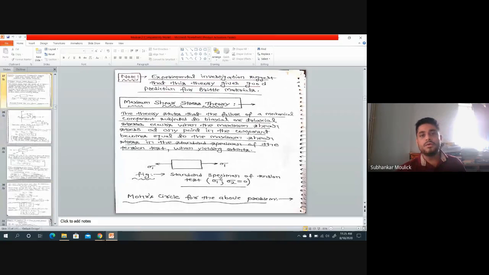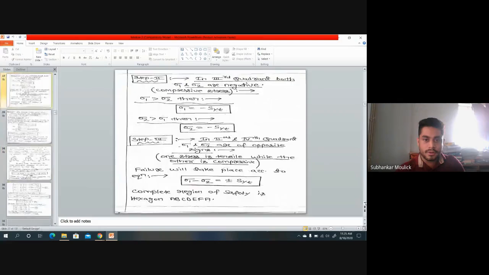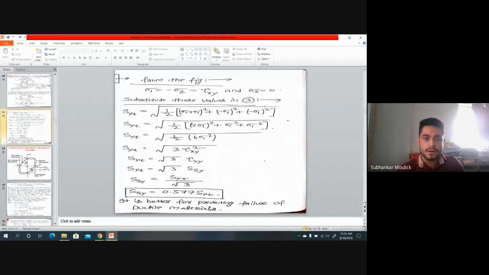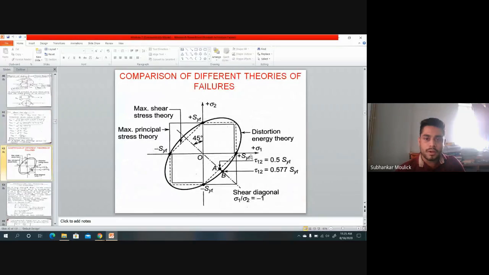Let me give you a brief summary of what we did in the last class. If you remember, we compared the three different theories of failure on a common sigma 1 versus sigma 2 plot. Then we took the values of sigma 1 and sigma 2 for each quadrant, and decided which theory of failure is best to predict the failure criteria.